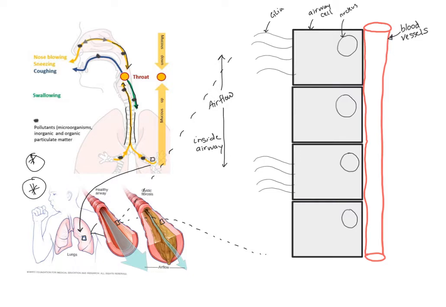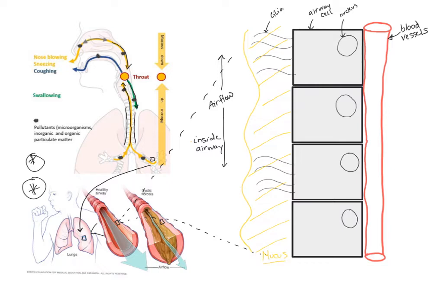Okay, so one other thing that we need to know here, I'm going to use yellow to indicate the mucus. So if this is inside of our airway, then we would expect to see, normally, a layer of mucus right there. So everything that would be here would be a layer of mucus.